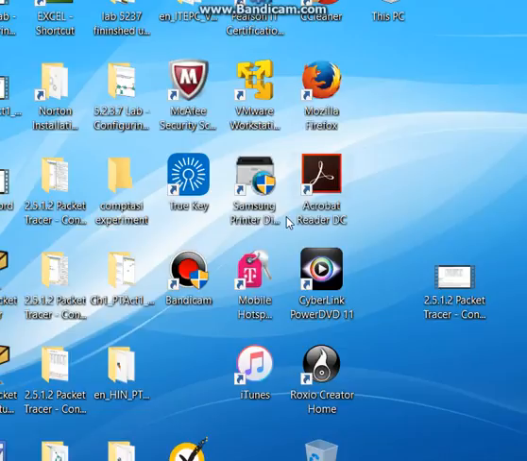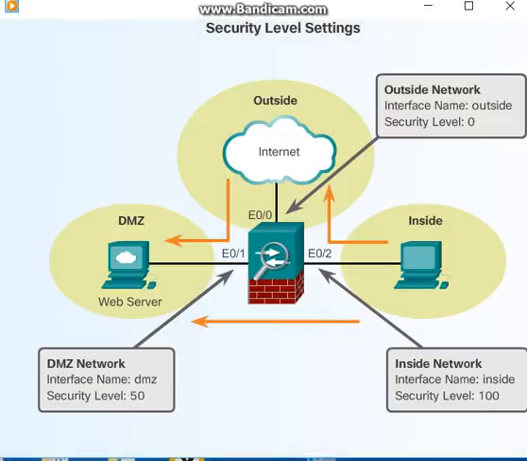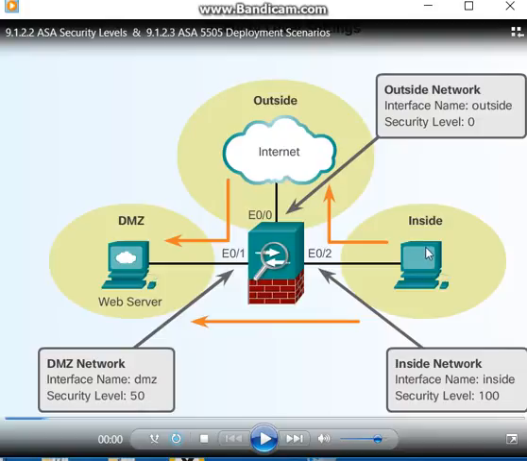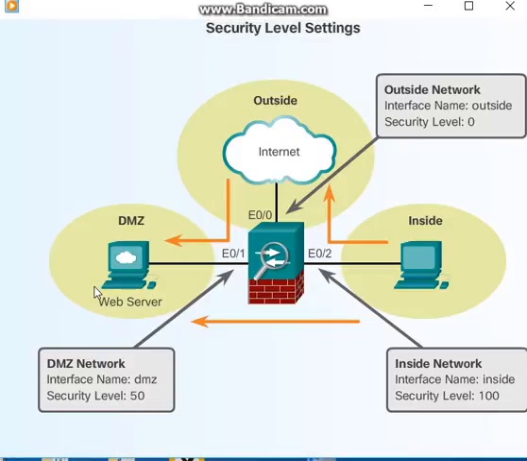So outbound, a host on the higher security interface can access a host on the lower security interface, or this one. Multiple interfaces can be assigned the same security level.